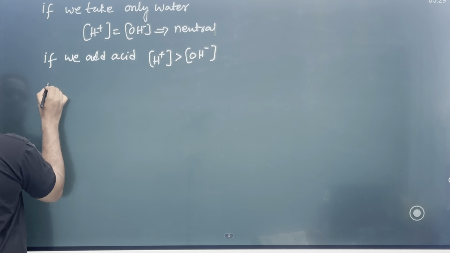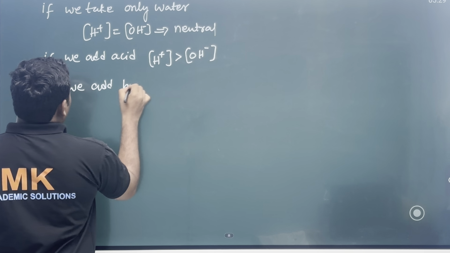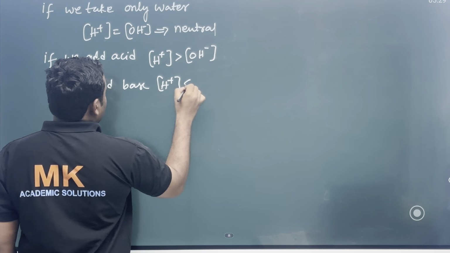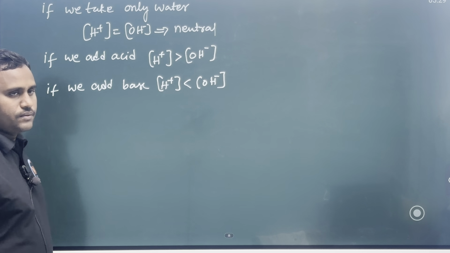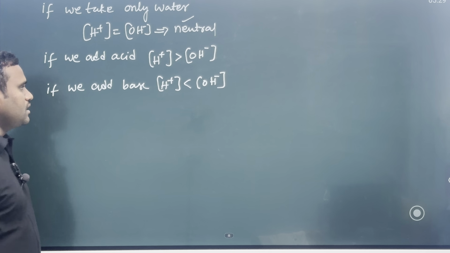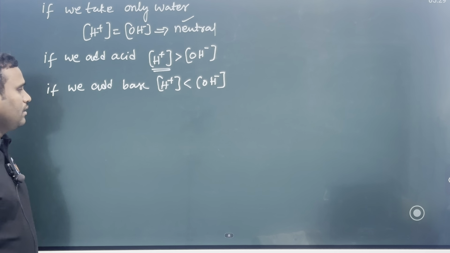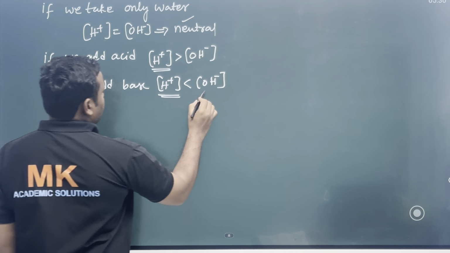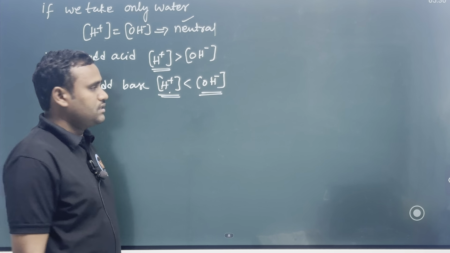If we add base, H plus ion concentration is less than the OH minus ion concentration. So for neutral, H plus ion concentration is equal to OH minus ion concentration. If you add acid, there will be more H plus ions. If you add base, there will be more OH minus ions and a lower concentration of H plus ions in the water.